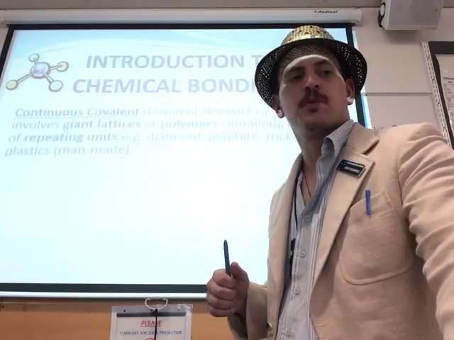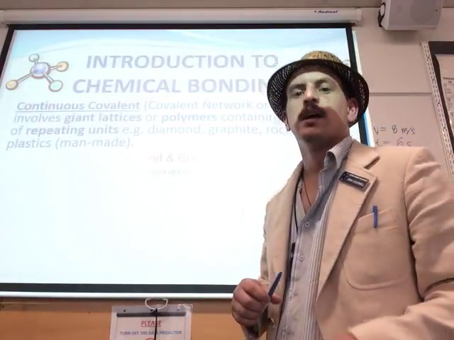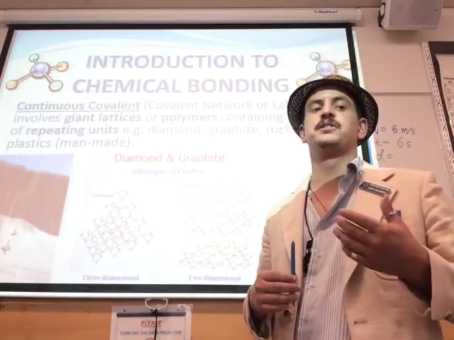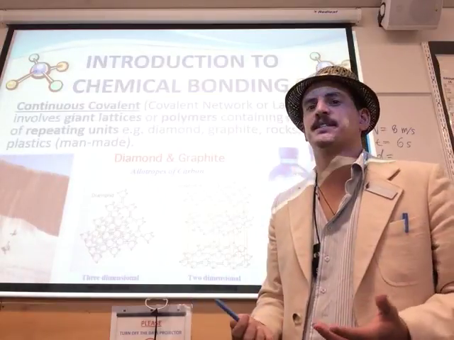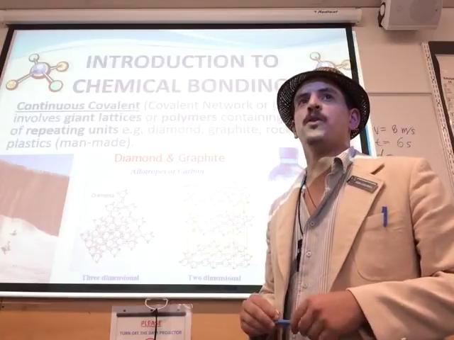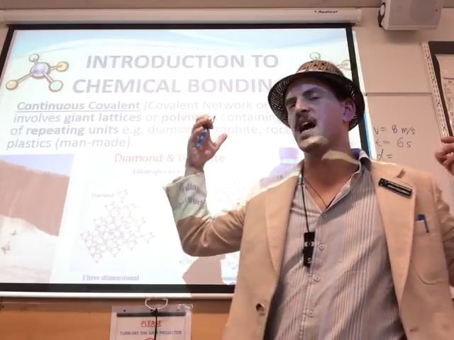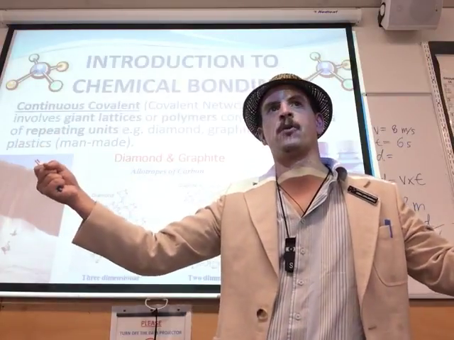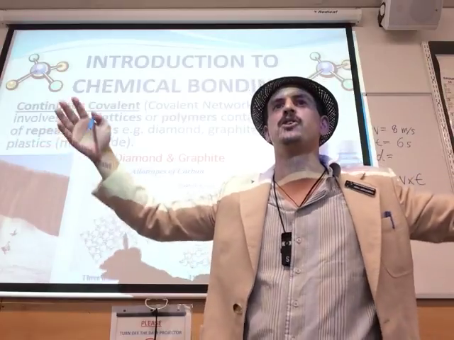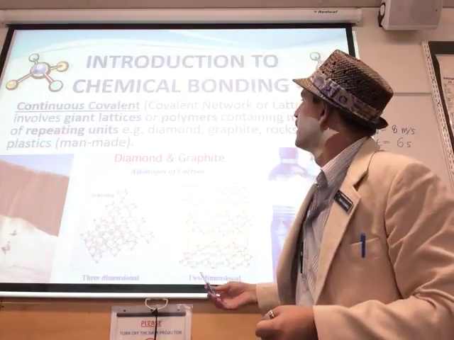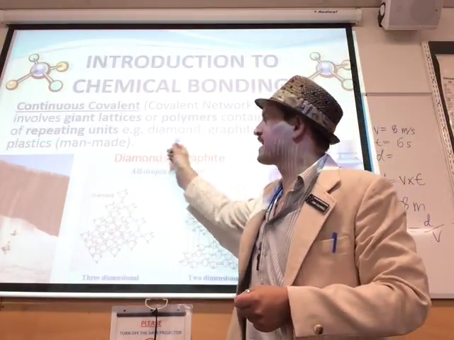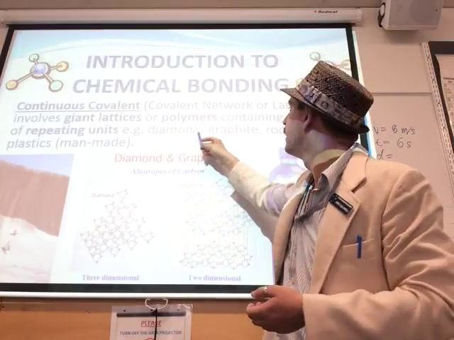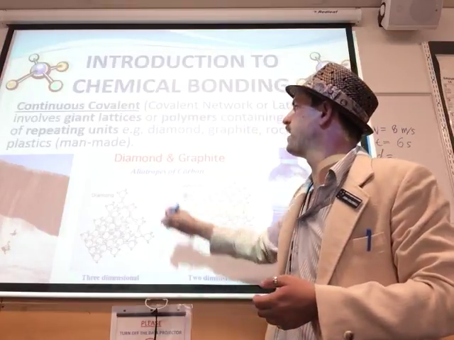The last one I just want to introduce to you is continuous covalent, or the covalent network or the covalent lattice. It has a few names. All that is, is that you have all these non-metals sharing electrons, forming really strong bonds, and it's just repeated units of that happening. This gives giant lattices forming, or what we call polymers, poly meaning lots, containing millions of repeating units.